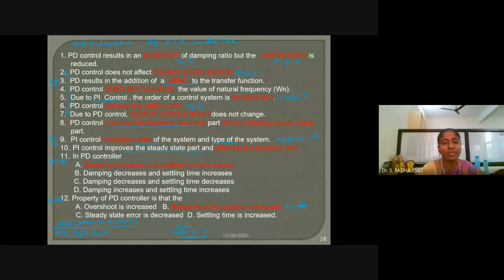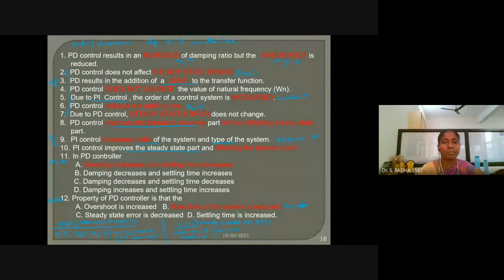And then in PI controller, steady state response improves, and here ESS will be 0. ESS is minimized to 0. And what are the unchanged parameters? Omega n, ESS, type number. All this will not change. No change in PD controller. So I have listed the characteristics separately.